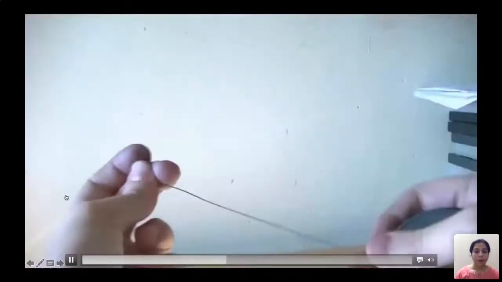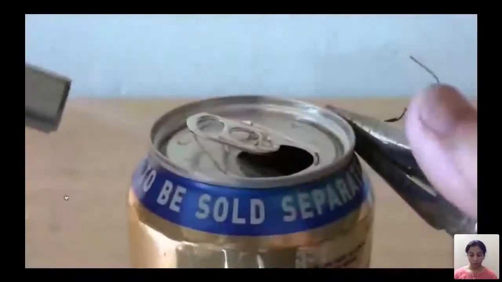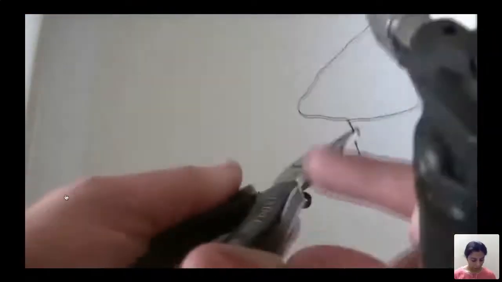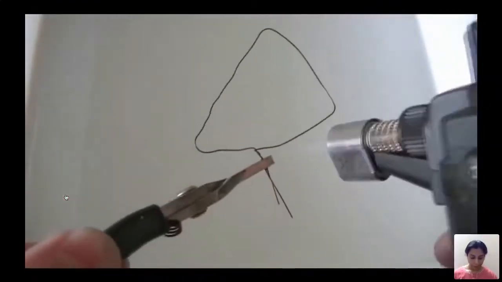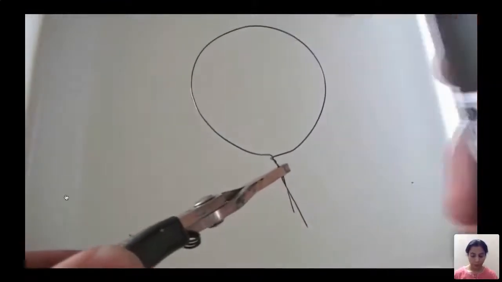Okay, let's try something else. Here's a new batch of nitinol, which I have wound around the top of a can and heated to set a circular shape. And now, when I heat up this pathetic excuse for a triangle, it reverts back to a circular shape. Interesting.